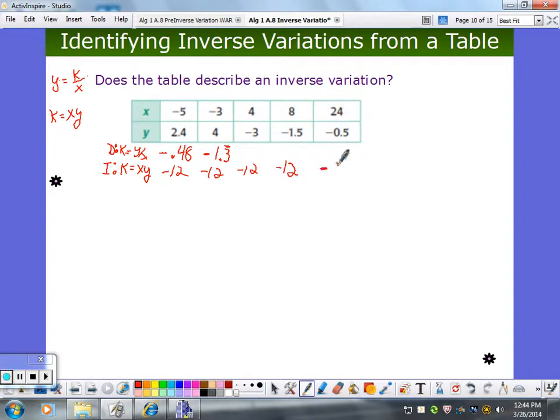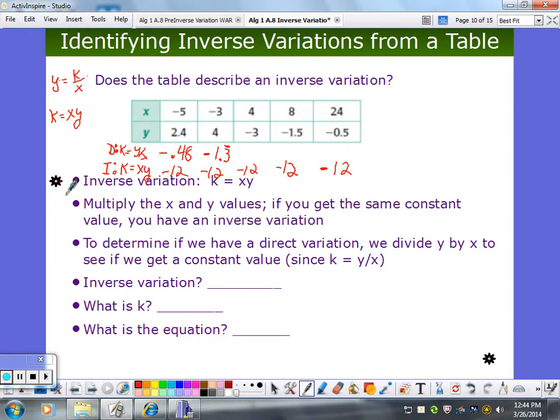That one I think will be easier to see. So what can we conclude? This is an inverse variation. What is k? And what is the equation of this inverse variation? y equals negative 12 over x. You start with your model, you find k, and plug it in.